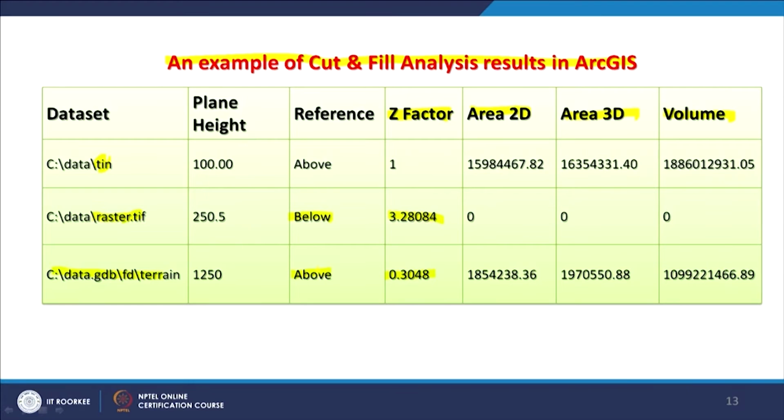So, definitely before the start of that project, these analyses must have been done: what is the subsurface profile in which this project will come, how much rock would be filled, from where it will come, what would be the transport cost, what volume of rock will be required. All those things must have been estimated before the start of the project, and this should be done in almost every project where such work will be required.